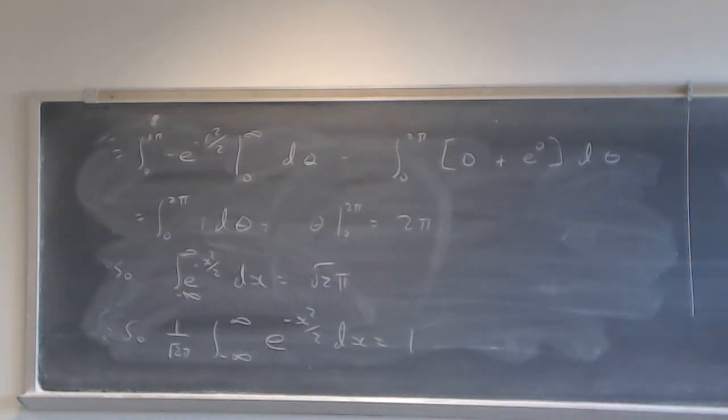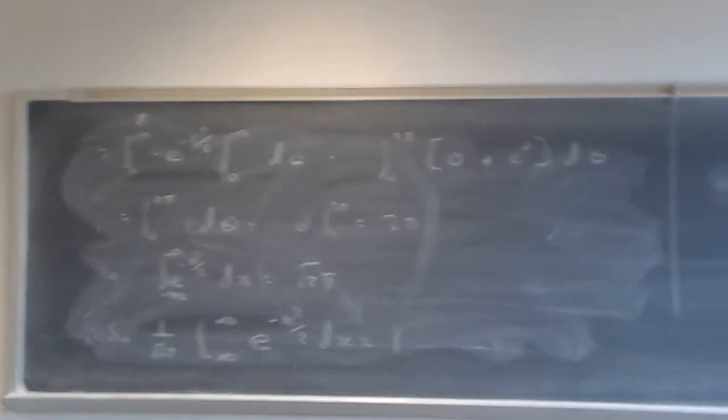Remember, we want to integrate the PDF of a normally distributed random variable with parameters mu and sigma squared and get 1. So let's take a look at that integral, and it will relate to the integral we just had at the bottom.